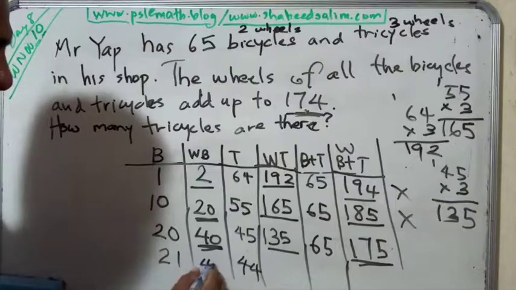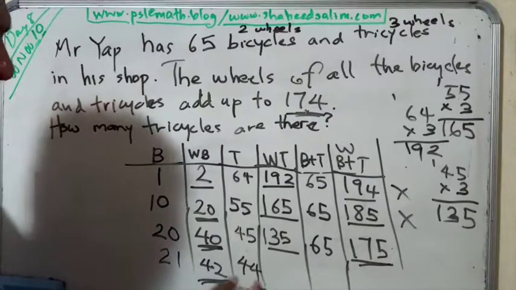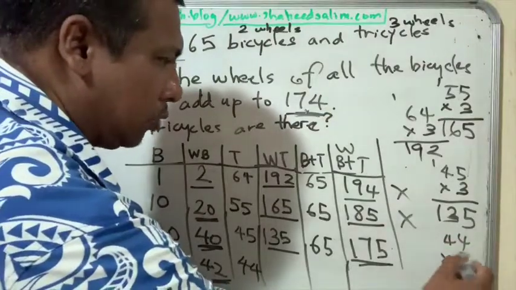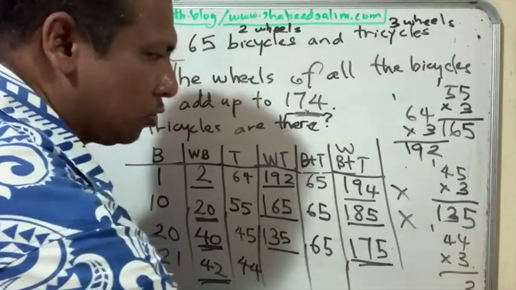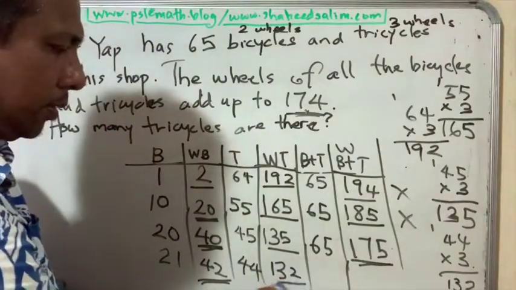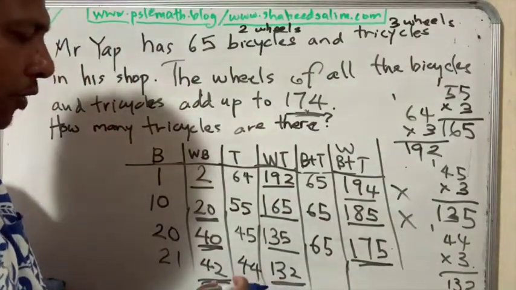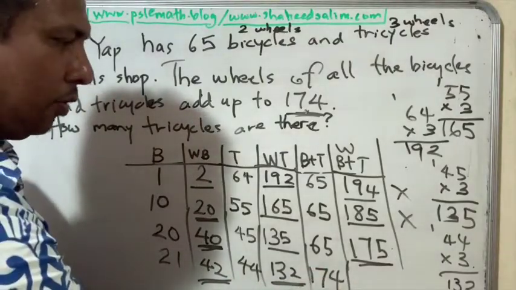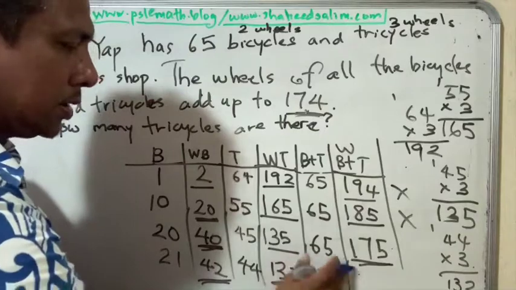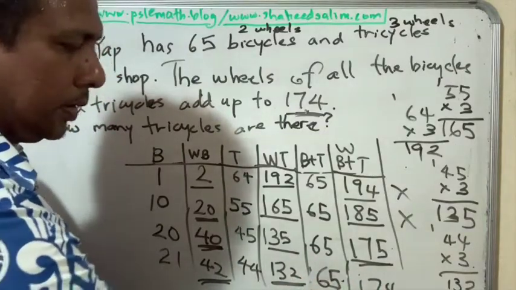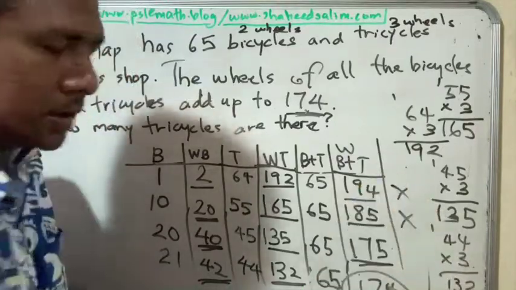This is 42 wheels, 21 times 2, and 44 times 3 is 132 wheels for 44 tricycles. You add them up together, you get 174. So this is 174 here, 65 here, and this is your answer.